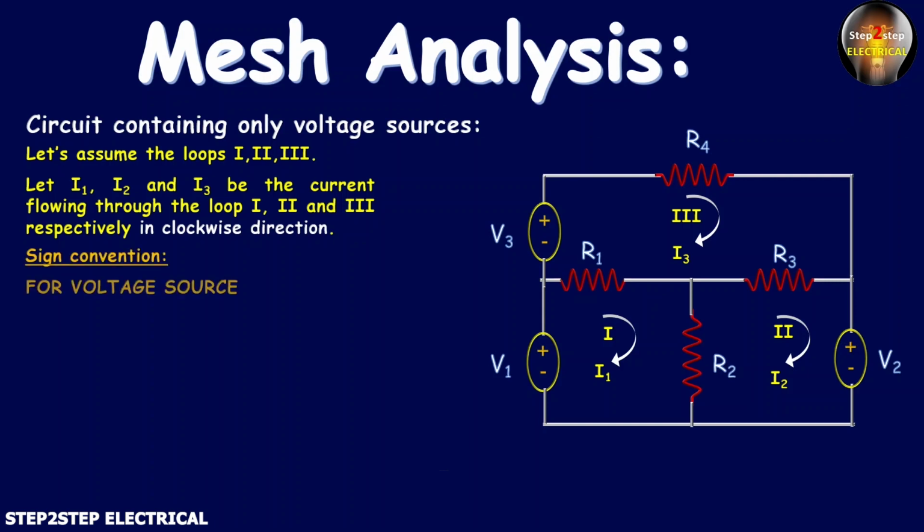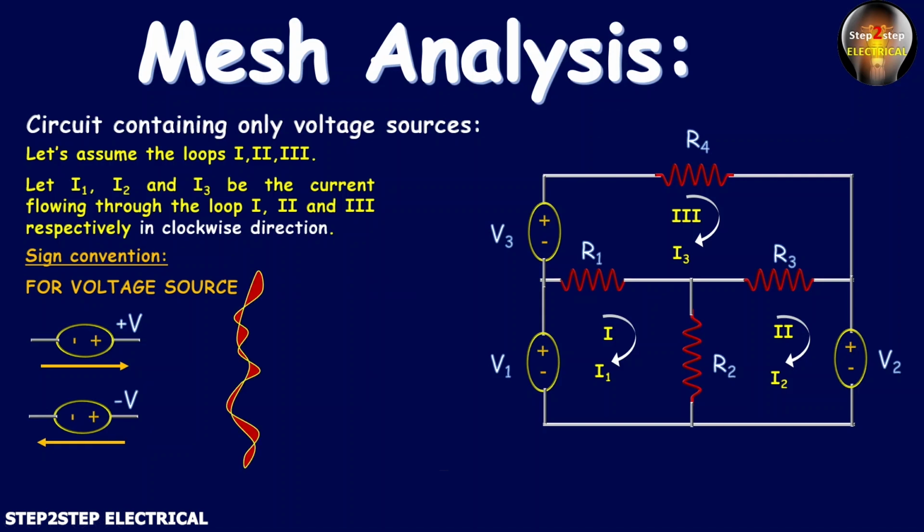For a voltage source or the battery, if the current of the loop is flowing from the negative terminal of the battery to the positive terminal, then there is potential rise in the voltage source. So we write plus V. Its reverse is, if the current of the loop flows from positive to negative, then there is potential drop. So we write minus V. So this is about the voltage source.